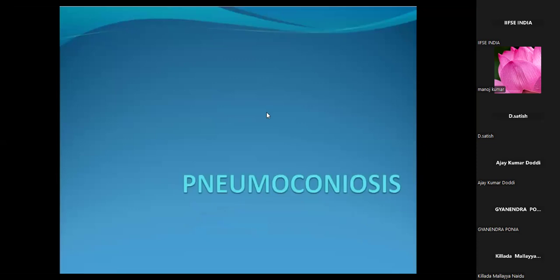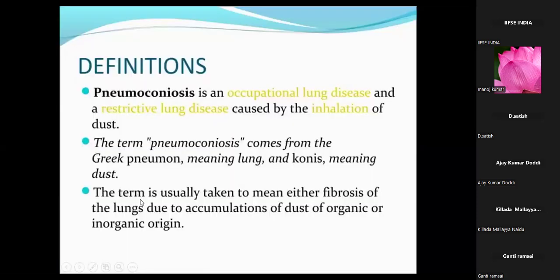So this is pneumoconiosis. This is in your IS 106 paper. So, the definition of pneumoconiosis: what is this pneumoconiosis? It is an occupational lung disease and restrictive lung disease caused by inhalation of dust.